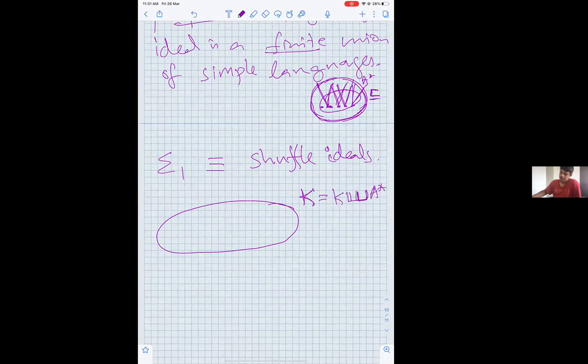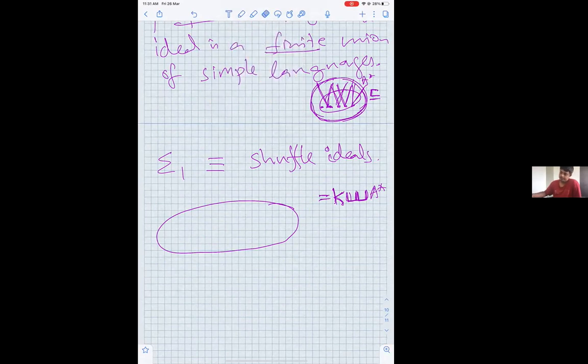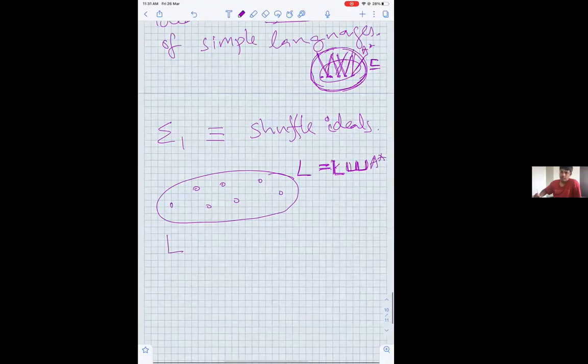This is saying that K is a shuffle ideal, or let me call it L. I have an automaton for L. Let's imagine L has an automaton with n states.